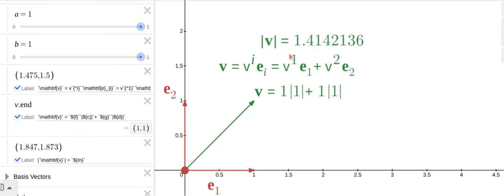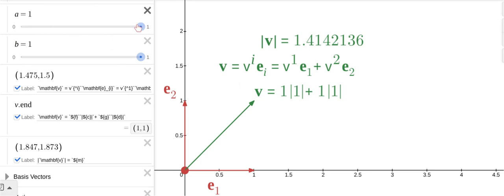You see that I defined V1, the magnitude of E1, V2, the magnitude of E2 as variables. Here they are: F, C, G, and D are those four variables. And in LaTeX, if you put a tick mark, $, then the variable in curly brackets, then a tick mark, it gives you the actual value it's calculating.